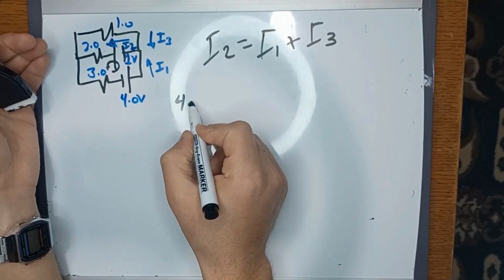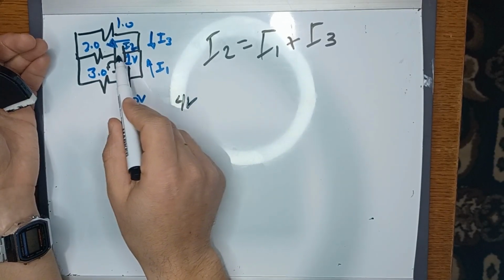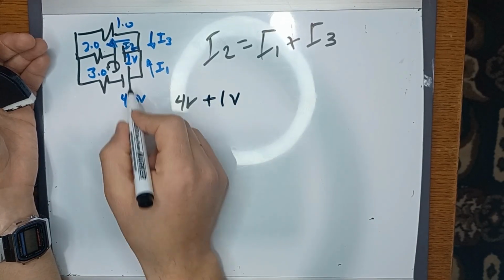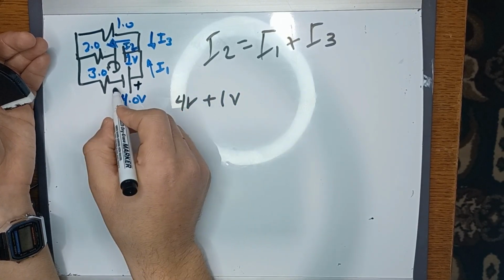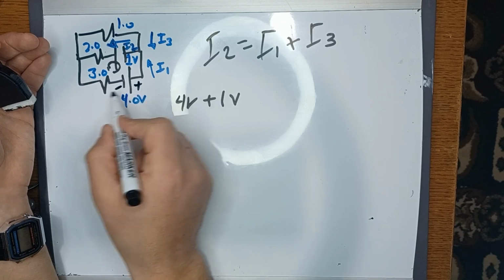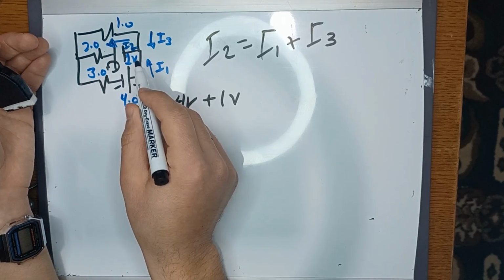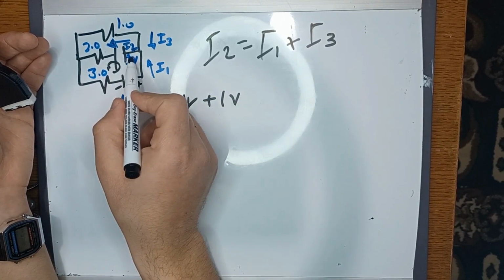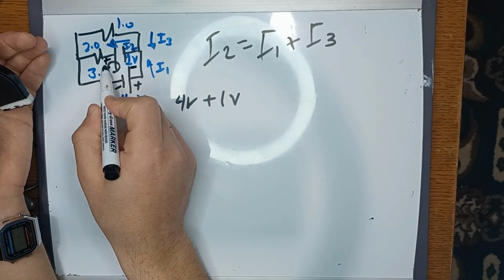We would have 4 volts go up, and it goes to this battery right here, which would be plus 1 volt. The reason I know it's plus and not minus is because it's plus on this side, negative on this side, and exits from the positive terminal. Okay, and then here same thing, it would enter from negative, exit from the positive.